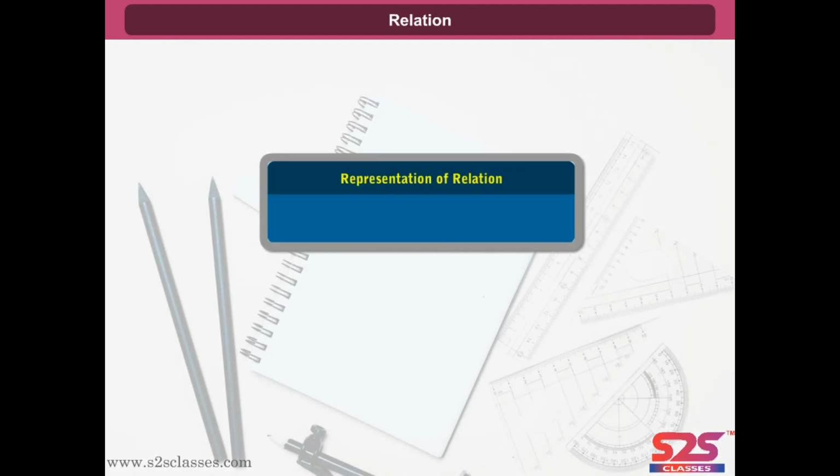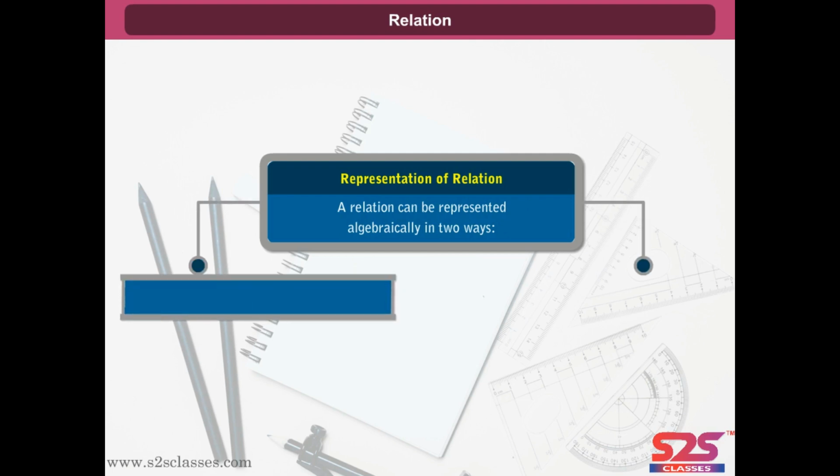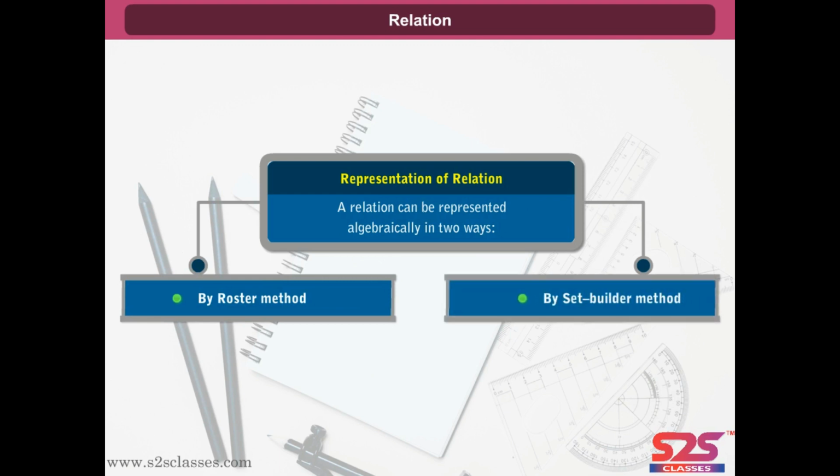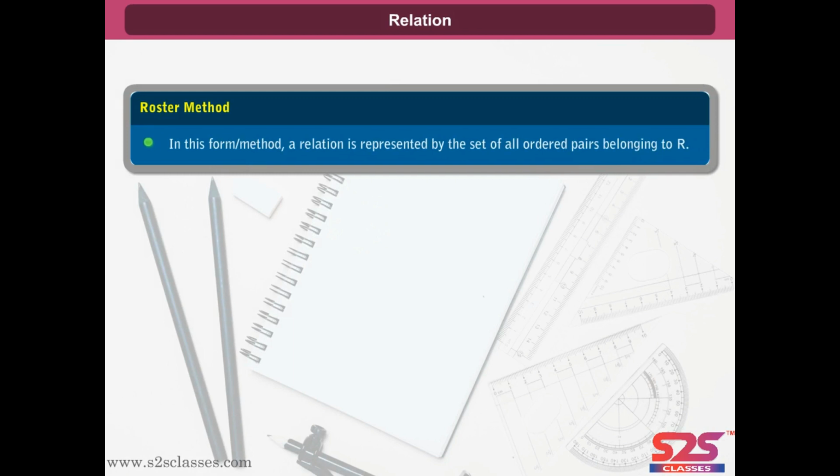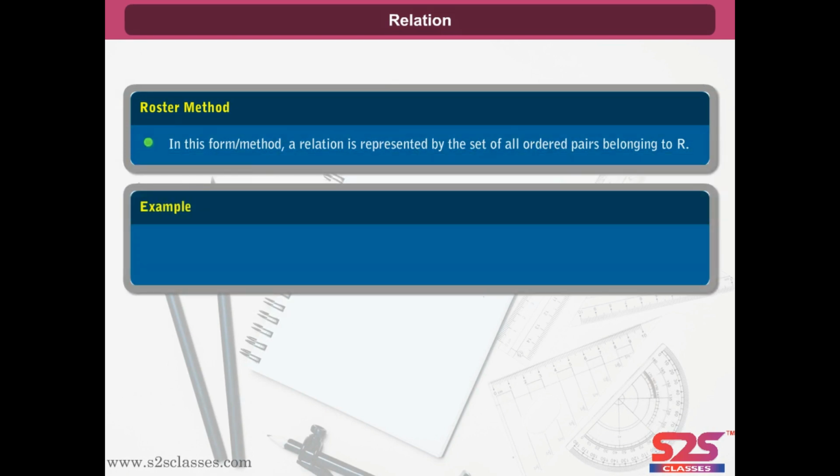Let's now see how we can represent a relation. A relation can be represented algebraically in two ways: by roster method and by set builder method. Roster method. In this form or method, a relation is represented by the set of all ordered pairs belonging to R. Look at this example.